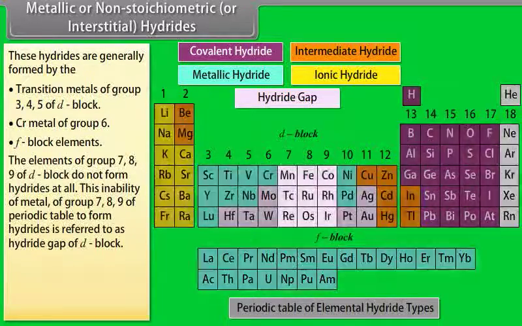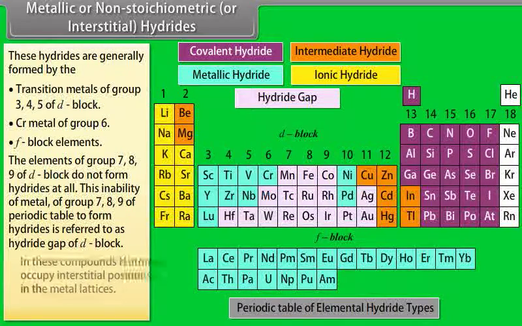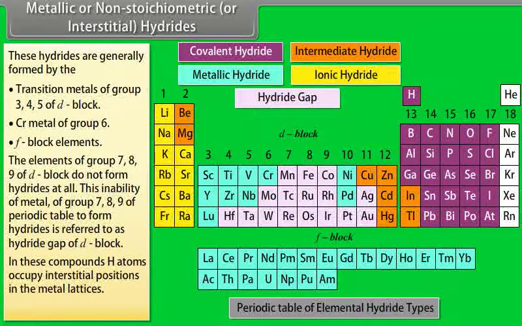The elements of group 7, 8, 9 of d-block do not form hydrides at all. This inability of metals of group 7, 8, 9 of the periodic table to form hydrides is referred to as hydride gap of d-block. In these compounds, H atoms occupy interstitial positions in the metal lattices.